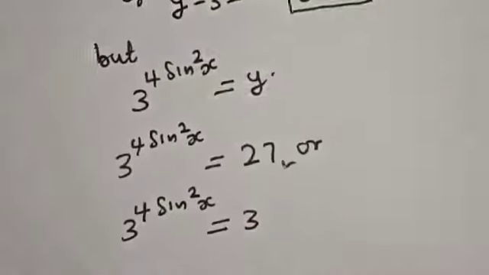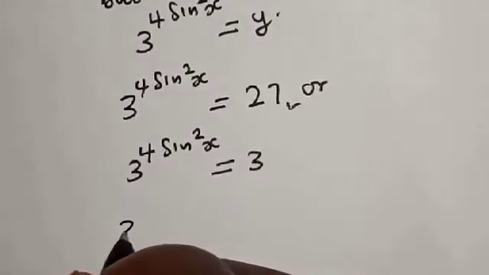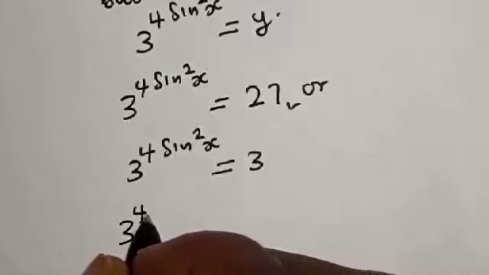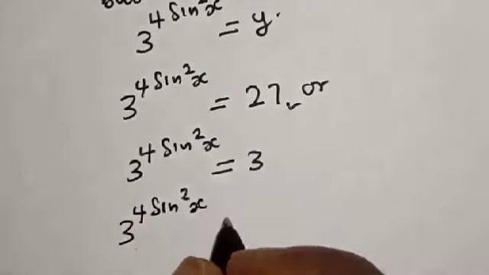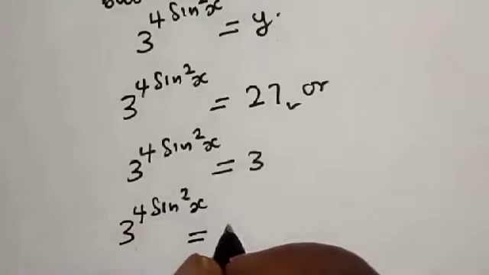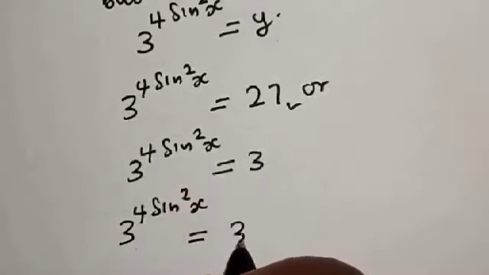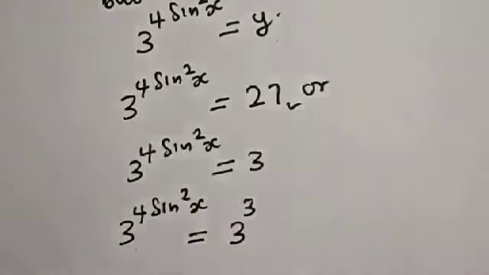And from here, we have 3 raised to power 4 sine square x is equal to 27, which is 3 raised to power 3.